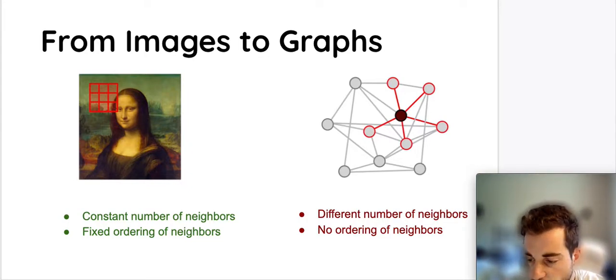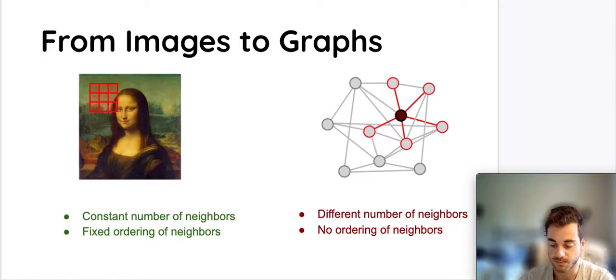And also there is no order of neighbors, so there is no way to assign that a neighbor is the first or the second neighbor. So we need to take into account these differences to build models which are inspired by convolutional neural networks but work for graphs.